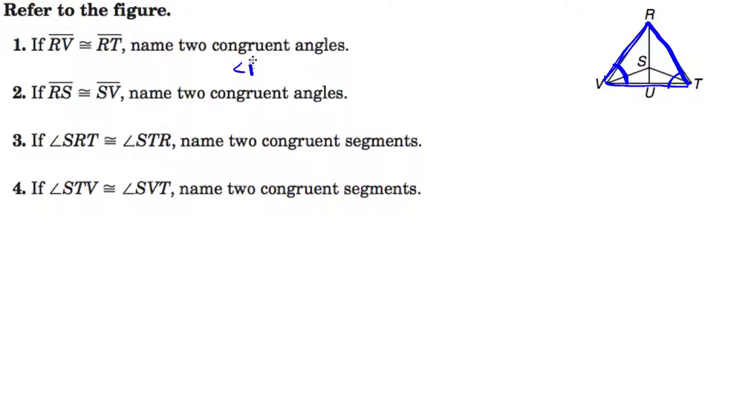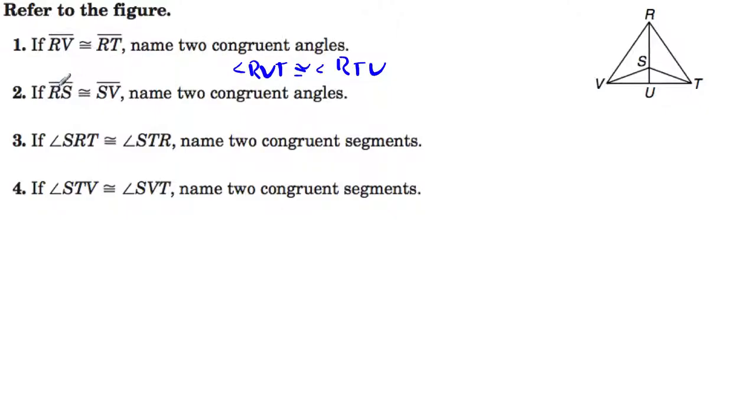So angle RVT is congruent to angle RTV. RTU or RTV, doesn't matter. And that's all we can say, because for this triangle here and this triangle there, we don't know that those angles are congruent, so that doesn't help us.